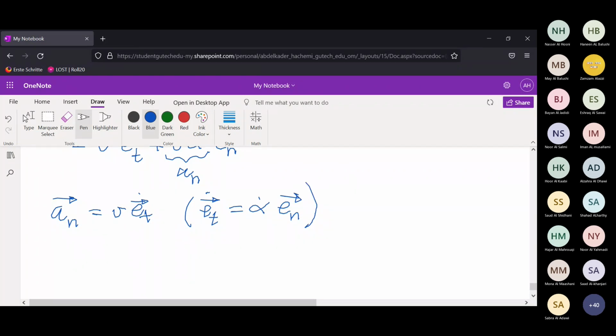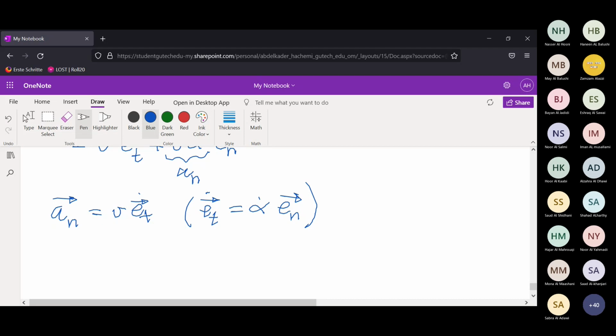If you remember, we said that in polar coordinates the unit vector e_r is only phi dot e_phi, and the same e_phi is only minus phi dot e_r.